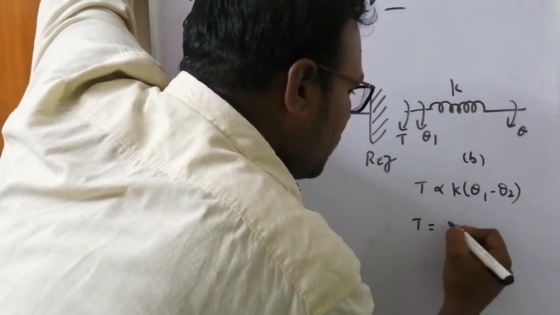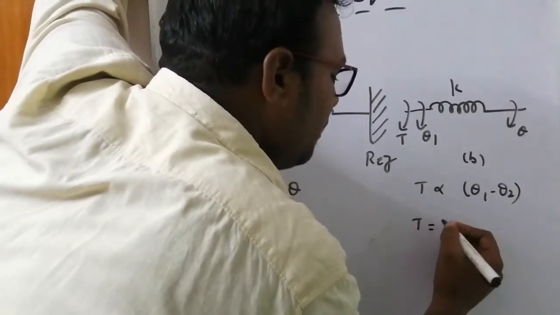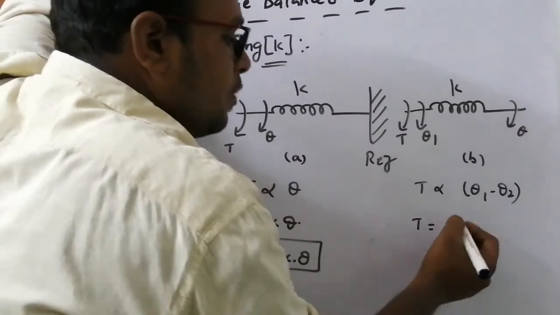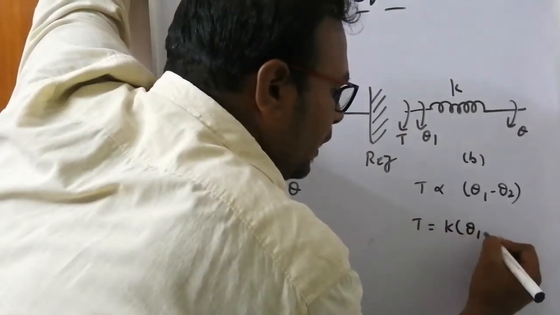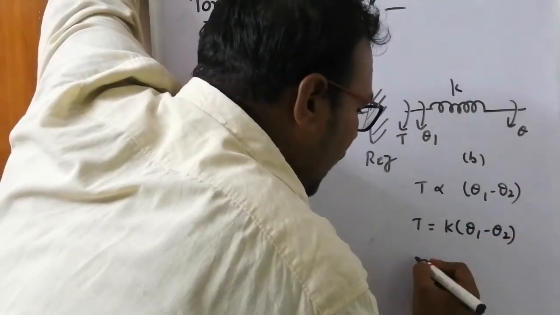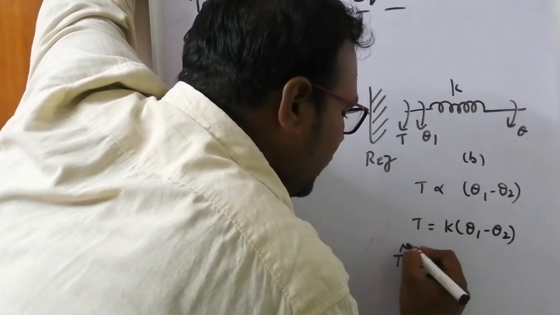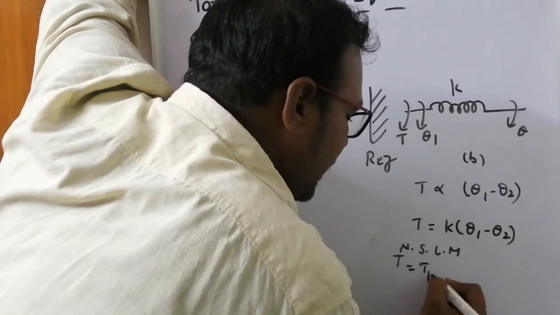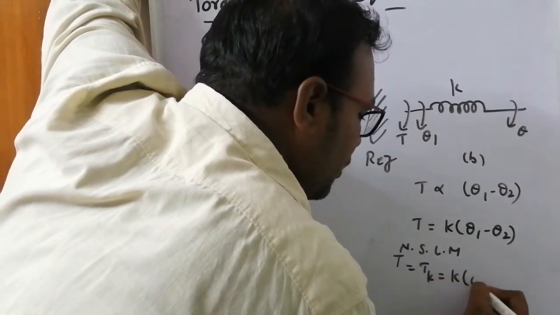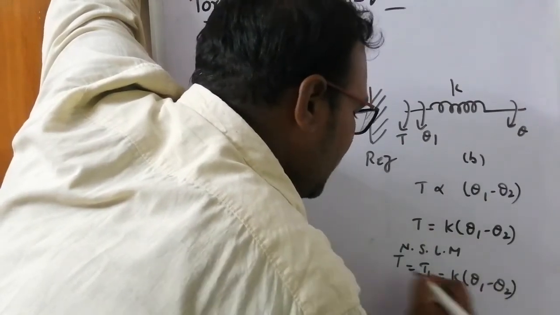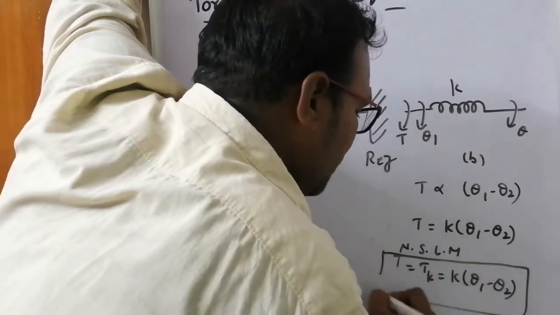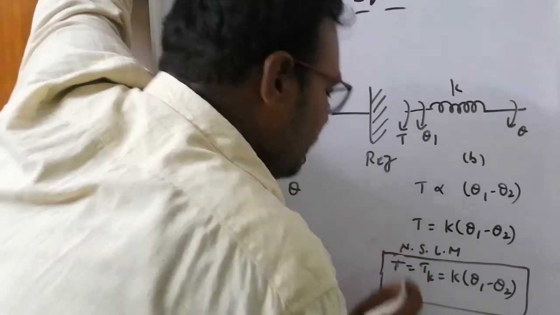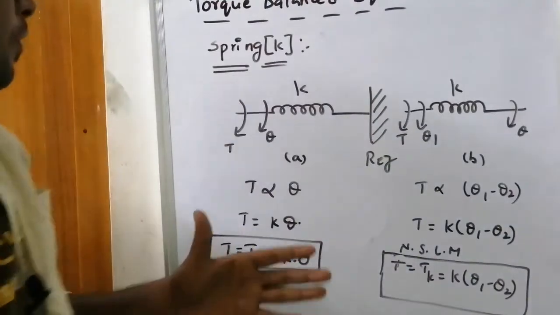To remove the proportionality, here the K comes in. T is equal to K into (theta 1 minus theta 2). Finally, from Newton's second law of motion, T is equal to TK, which is equal to K into (theta 1 minus theta 2). This is the final expression for the torque balance equation for the spring.